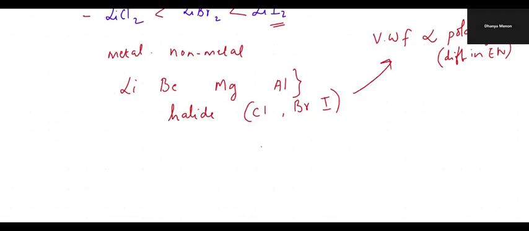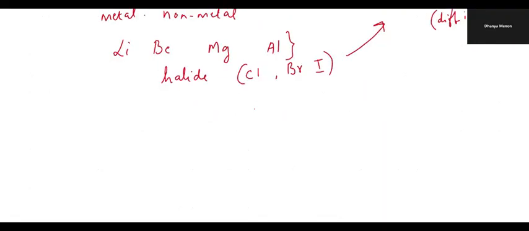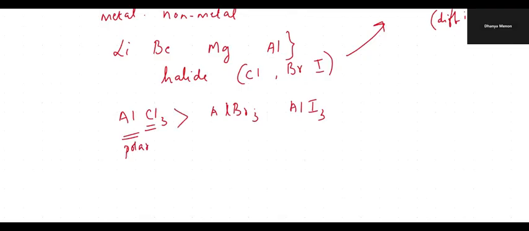So, if we talk about aluminum chloride, aluminum bromide, and aluminum iodide, the polarity is more for aluminum chloride because the electronegativity difference is more. Chlorine is highly electronegative compared to bromine and iodine. So that means this aluminum chloride is more polar. So aluminum chloride has more van der Waals force compared to the other two. Okay, I hope it is clear.